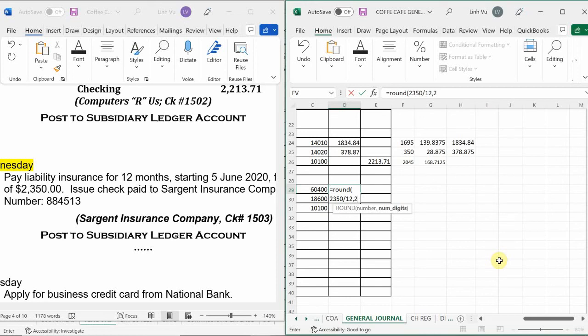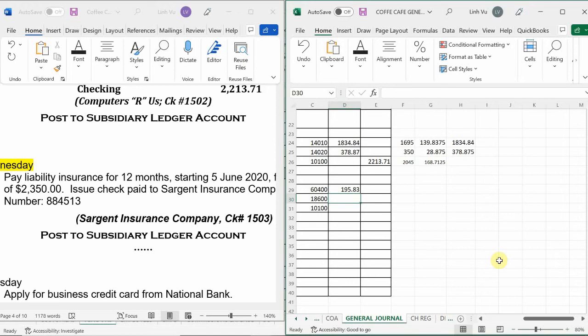How much is it going to cost me per month? $2,350 for 12 months, so it's $195.83. Good.